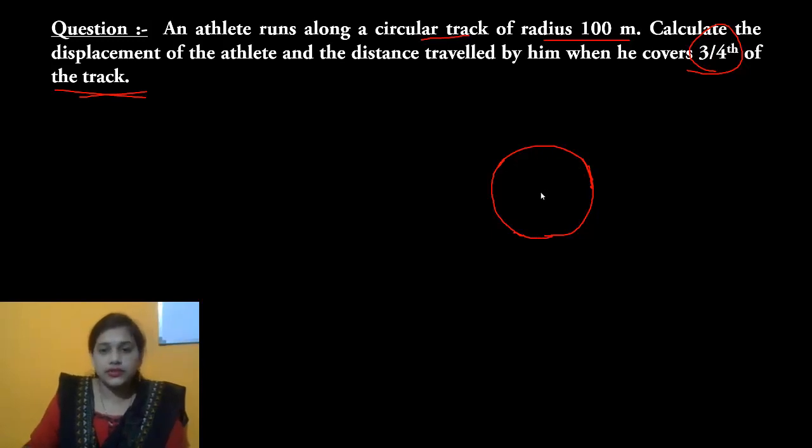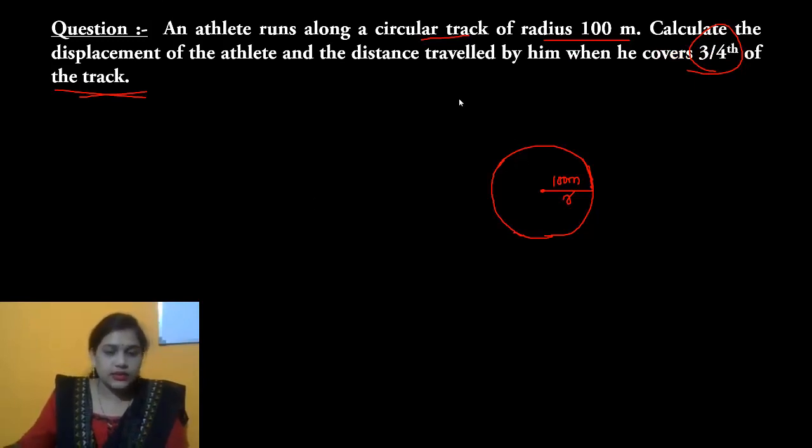So this is a circular track of radius r and the value of r is 100 meter. Calculate the displacement of the athlete and the distance travelled by him when he covers 3/4 of the circle.